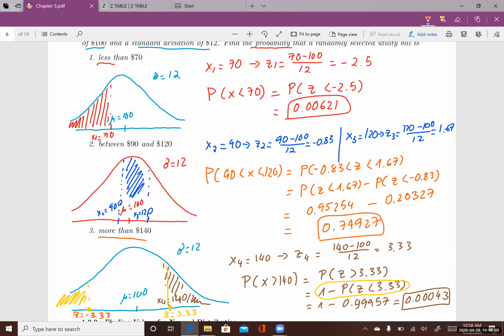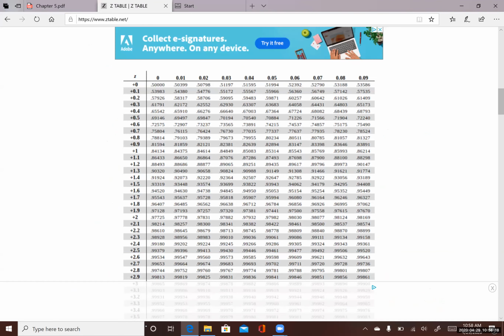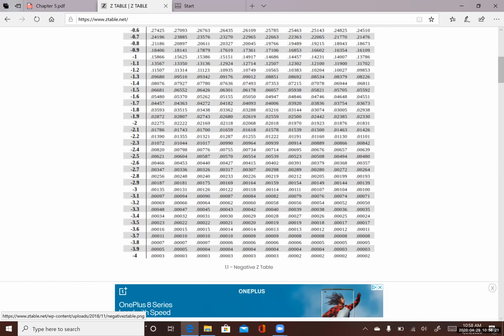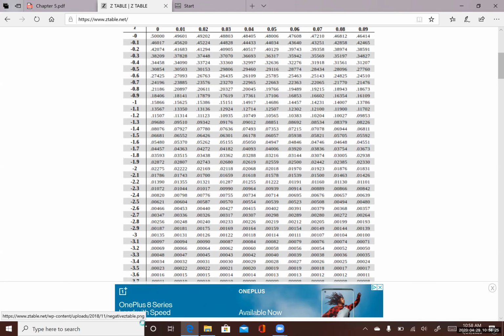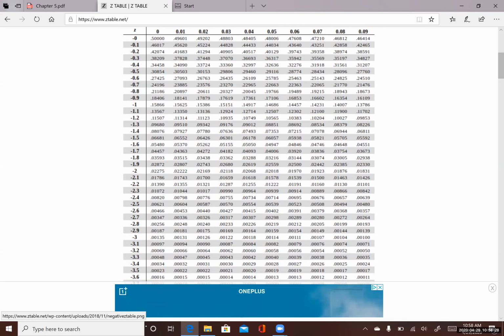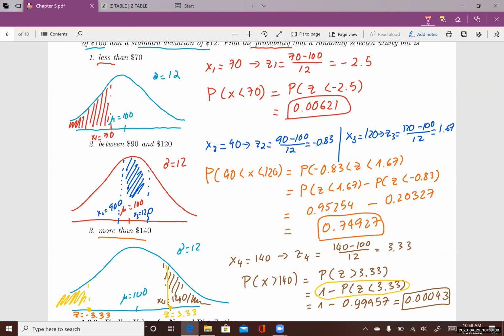So that means if you find the area to the left of negative 3.33, it will be the same as the area to the right of 3.33. So let's look at the area to the left of negative 3.33. We found it here, right? 0.00043 is the area to the left of negative 3.33, and it matches the answer that we got from finding the area to the right of 3.33.